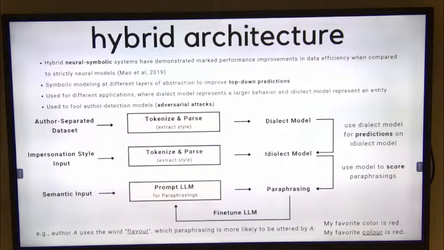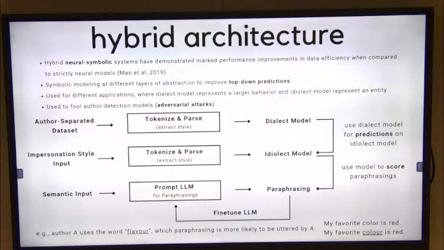So an example of a case where we would want to use these predictions would be, let's say, we have an input from an author A, and he's British, and he writes flavor with the British spelling, with the OU, and then the system generates two paraphrasings. So, my favorite color is red with the American spelling, and my favorite colour is red with the British spelling.